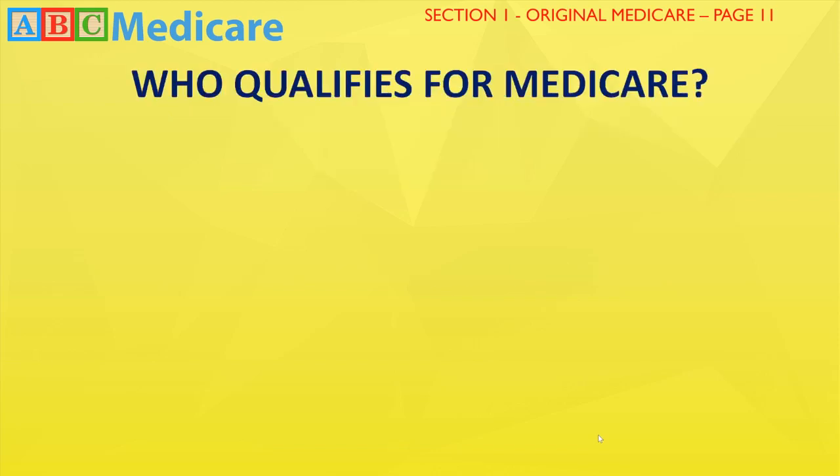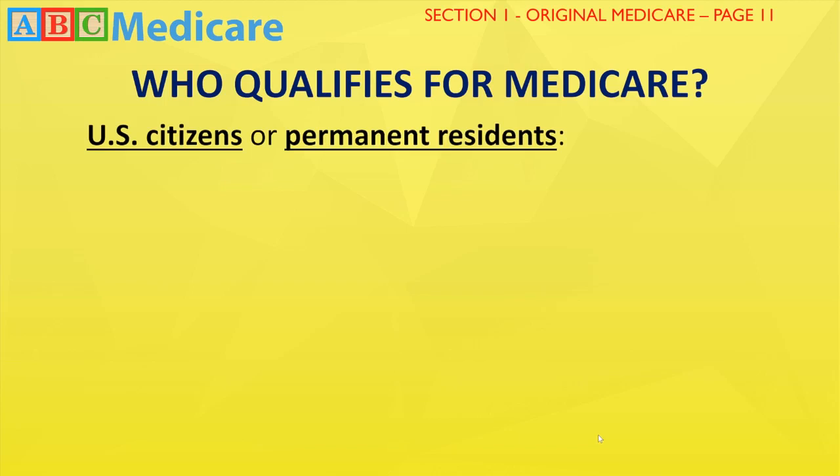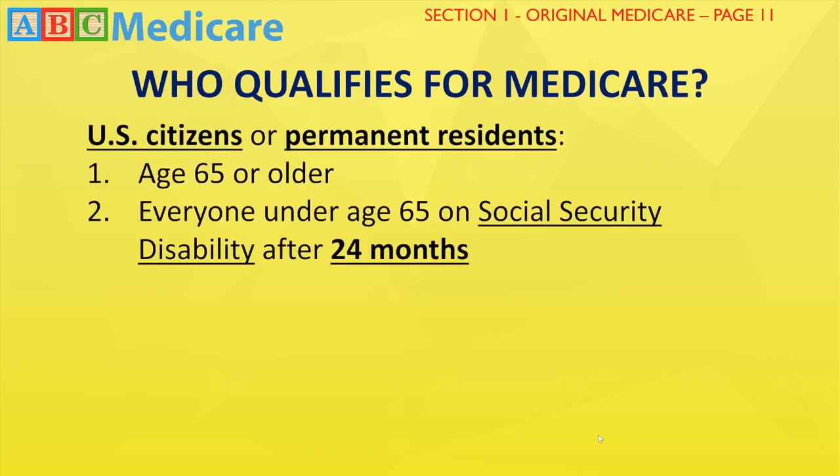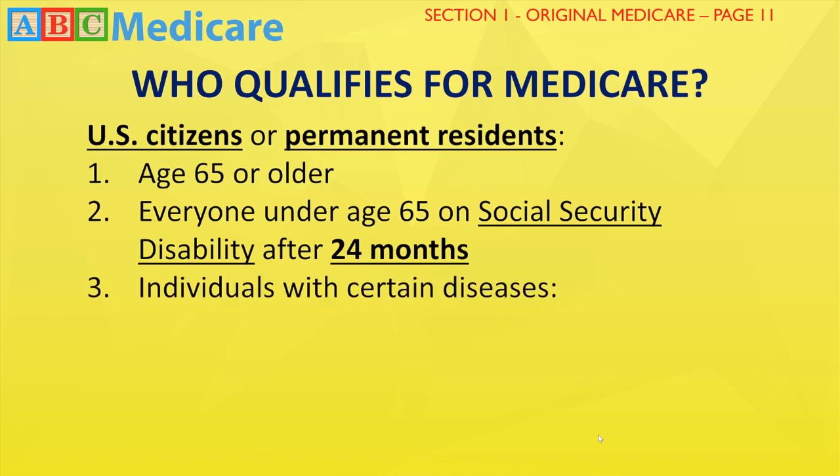Who qualifies for Medicare? U.S. citizens or permanent residents that are age 65 or older, everyone under age 65 on Social Security disability after 24 months, and that's the key. Now, just because somebody is on disability does not mean they're going to qualify for Medicare. They have to be on Social Security disability, okay?